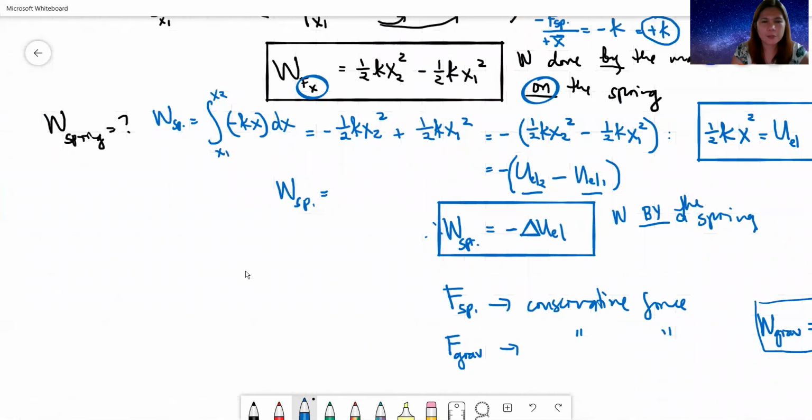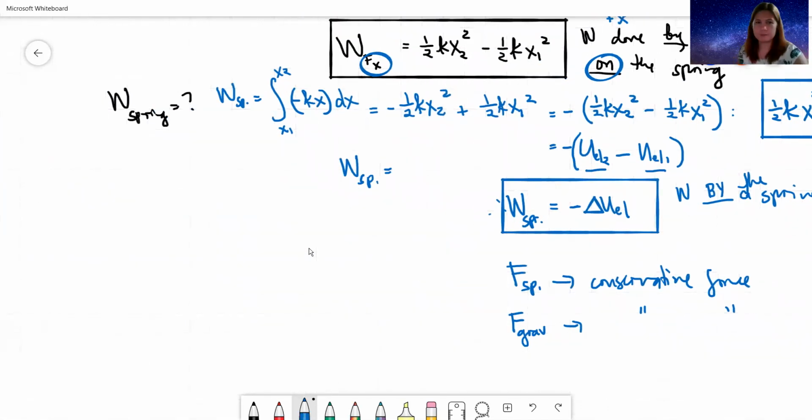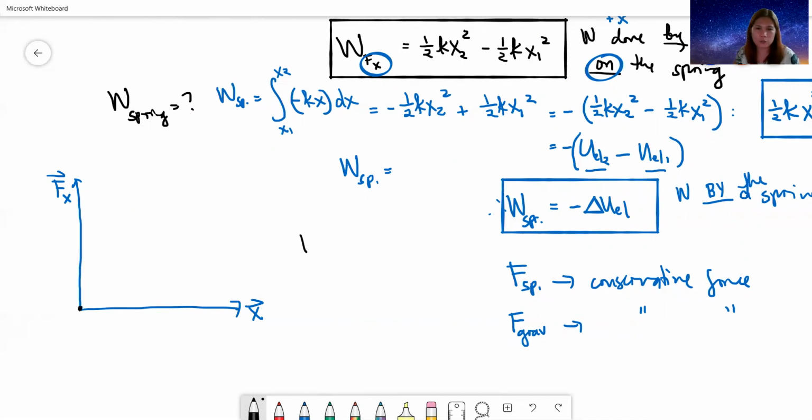So, if we graph, therefore, the Fx versus the position, okay? This is not spring force, ha? So, iba din yung ilalagay natin. For this case, pag 0 ang stretching, walang force na kailangan. So, Hooke's law.